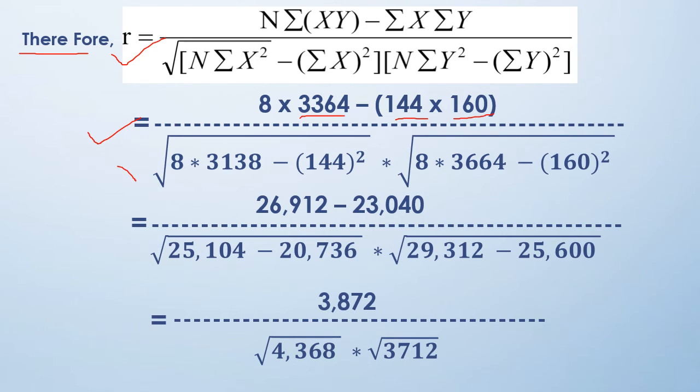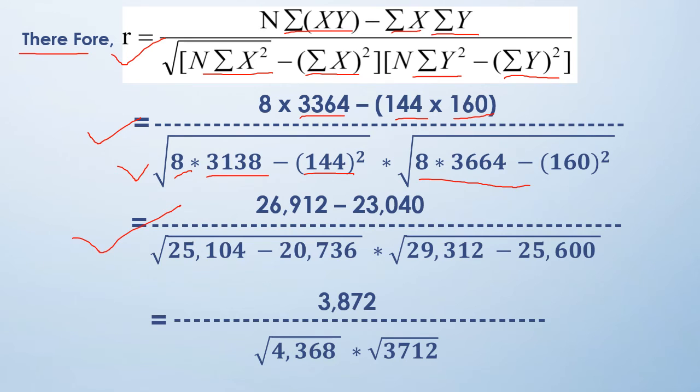Then under the positive square root, n is equal to 8, summation x square 3138 minus 144 whole square, into 8 into 3664 minus 160 whole square. We calculated all these values before, so we put the values in these places and take them directly from the table.